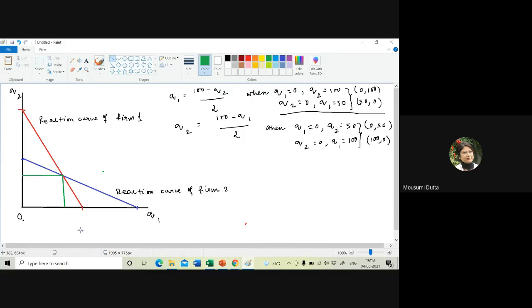This is the equilibrium solution when the 2 reaction curves intersect each other. In this way, we derive the equilibrium solution in the Cournot framework.